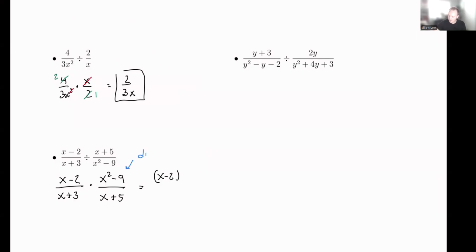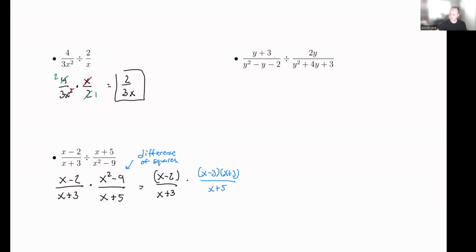This is a difference of squares, right? There's a formula for difference of squares. I can make this x minus 3 times x plus 3, over x plus 5. And the first denominator is x plus 3.